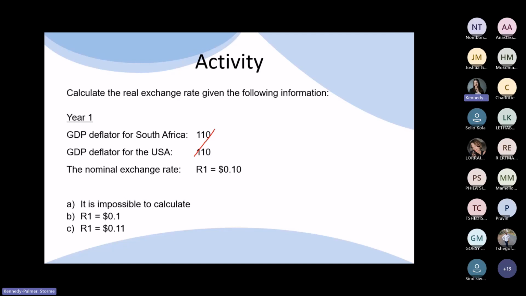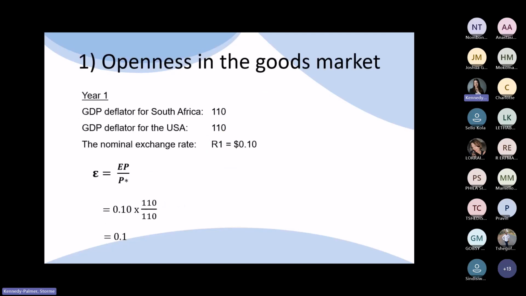Okay, so let's look at the formula for the real exchange rate. It is this over here. You've got this cursive E, which is equal to the nominal exchange rate represented in the indirect method, not the direct method, times the domestic price level, and that is over the foreign price level.